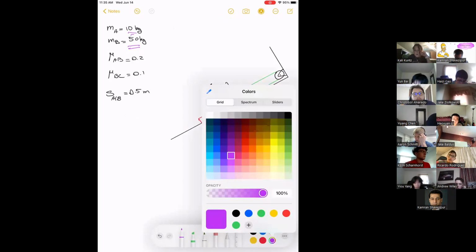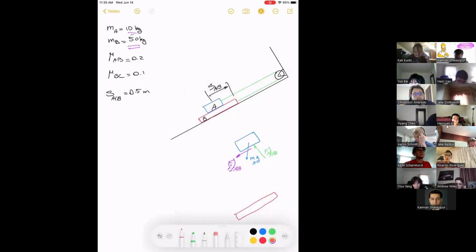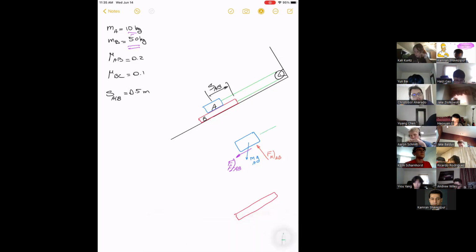And the force of the line from the pulley. Yes. Let me just change this with orange. The force that is applied to A from the cord or the cable, whatever you name it, and obviously cords can only apply tension. They cannot be compressed. So there's going to be like T, right?